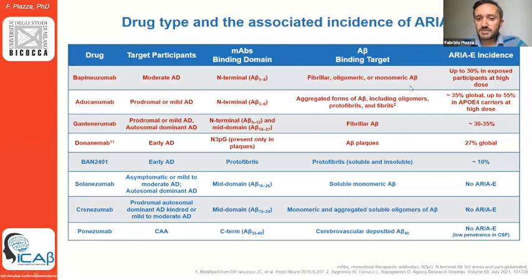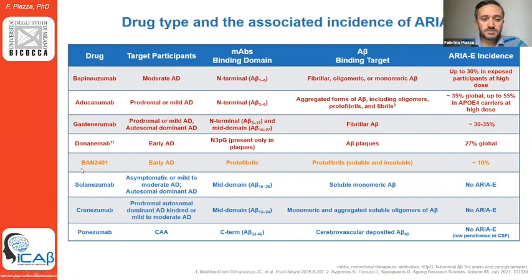And as you can see, all of these antibodies can lead to an incidence of ARIA-E which spans from 35 to up to 55% in patients, particularly ApoE4 carriers treated at the higher dose. While if we look at an antibody, which binds both plaques and soluble and insoluble protofibrils.